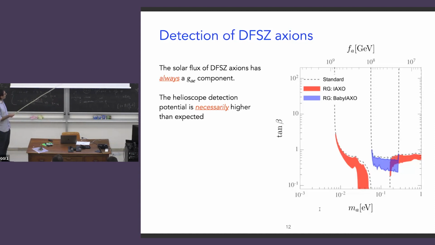So somehow this is a positive result, and it's due to the fact that the flux from the sun is just larger than expected. And then we know from Javier Redondo and Sebastian as well, right? The photons from the sun, you can get a lot from this flux. So it's very interesting.